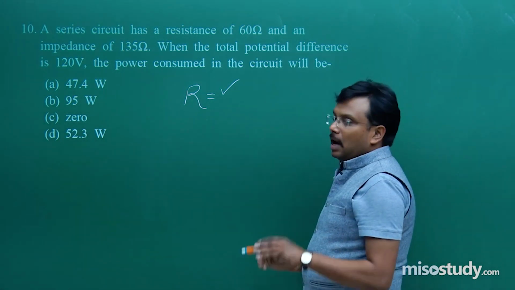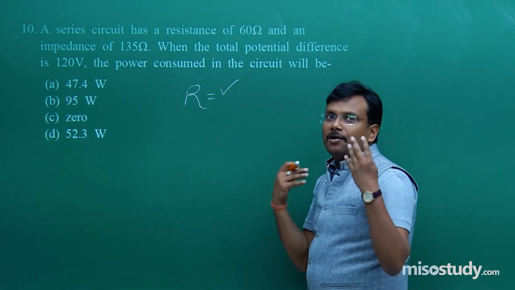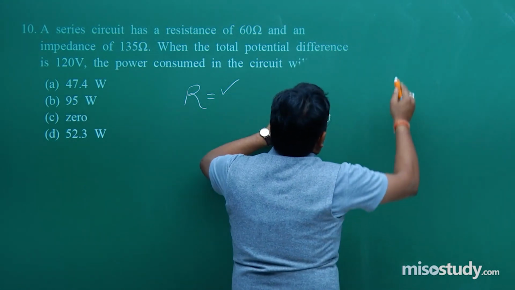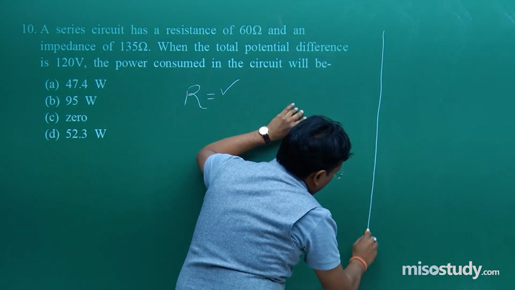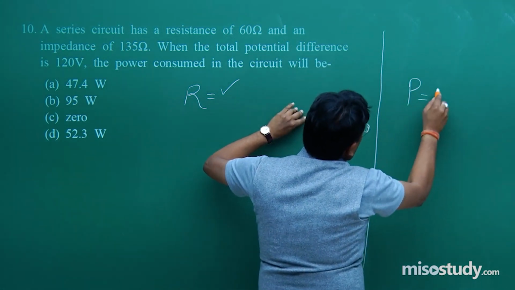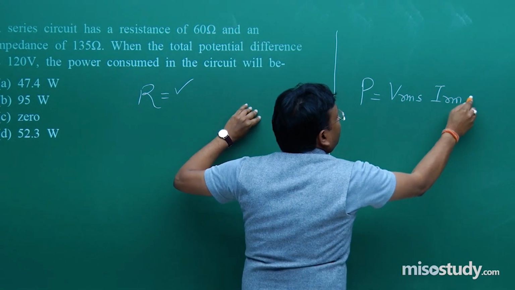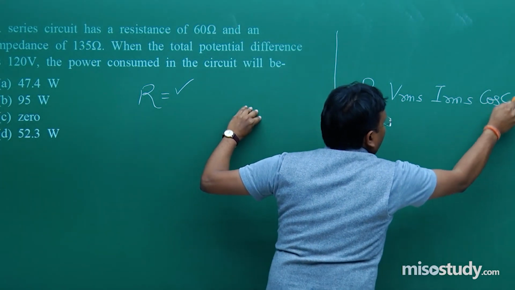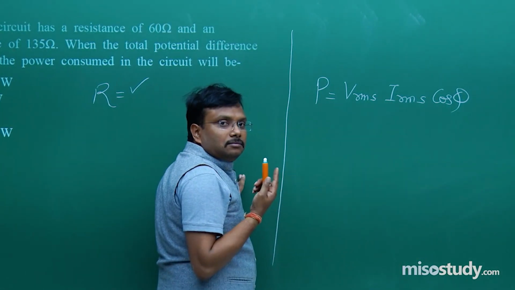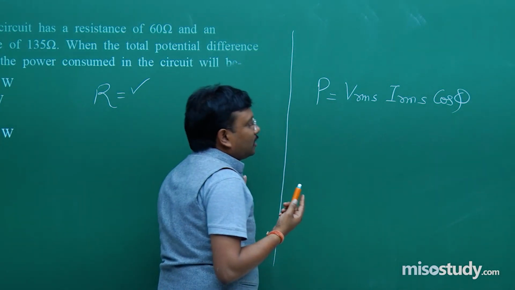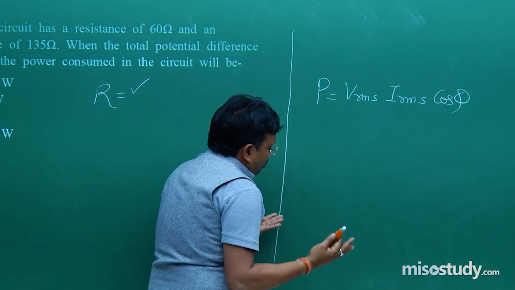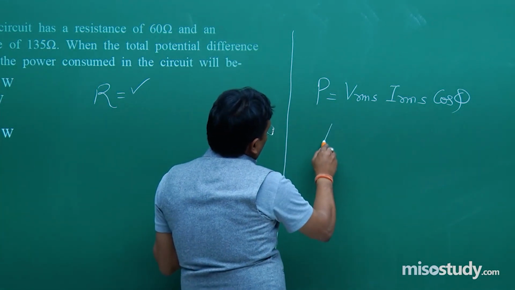Now I will not suggest anything, I will not say anything. What I will do is simply say that P is equal to VRMS IRMS cos of phi. Nothing is difficult, nothing is new for you. Simply put the values over here.